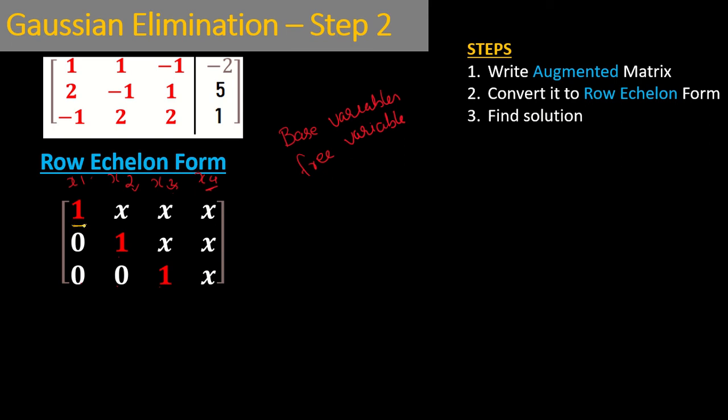So when you consider this, the first element itself is 1, and when you take the next row, the first element is 0 and the next non-zero element is 1. That's fine. Then we take the third row, the first two elements are 0 and the first non-zero element is 1. And we are not bothered about the other elements here. These elements are not considered, and they can be any value.